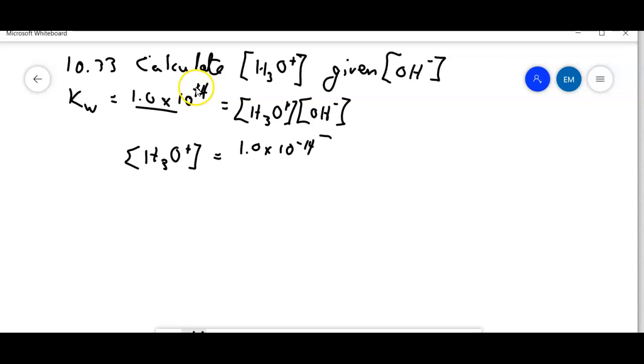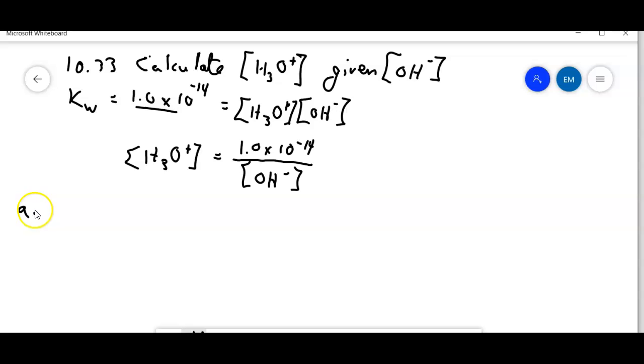I forgot to put that 1 in there, didn't I? Let me erase that. Divided by the hydroxide ion concentration. It's exactly the same type of problem.